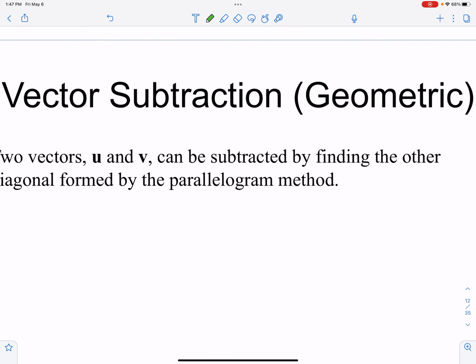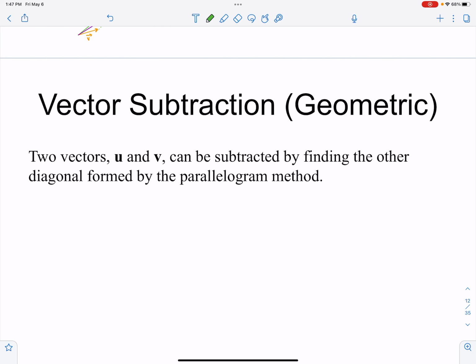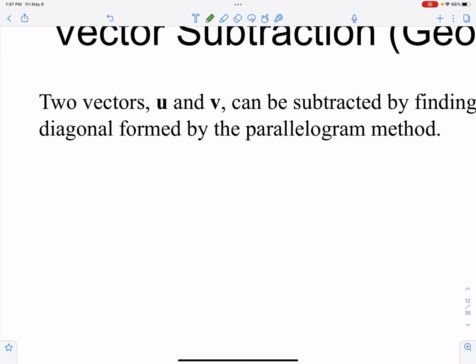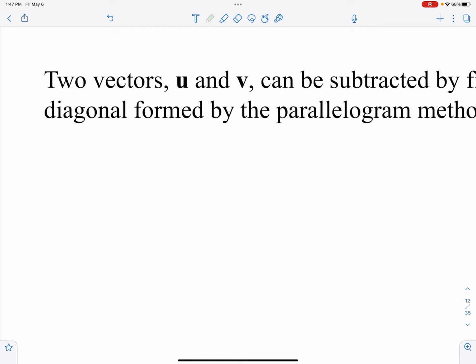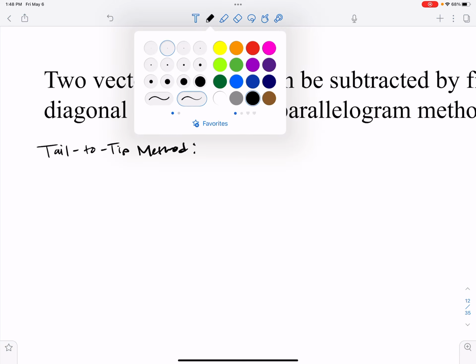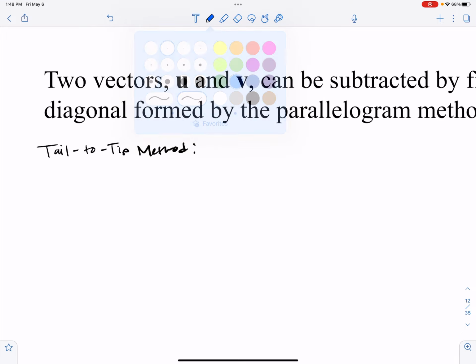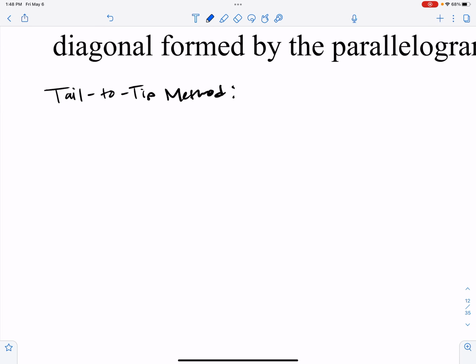Now, vector subtraction is based on vector addition. So let's first think about the tail to tip method for vector subtraction. Okay, so in that case, let's use blue.